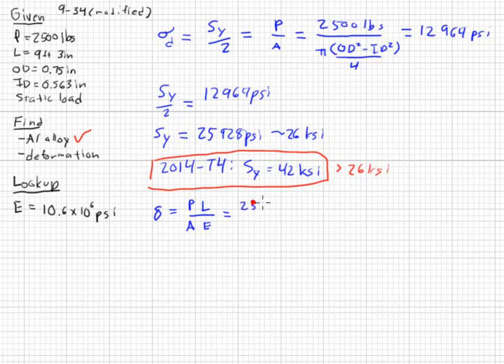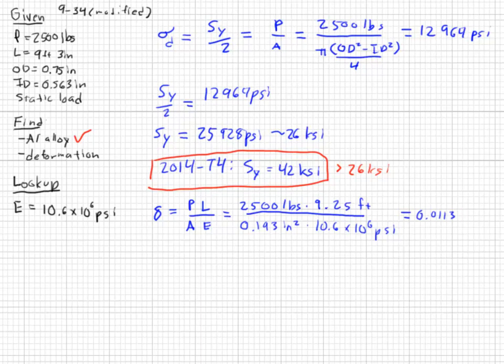We've got 2,500 pounds times the length, which is 9 feet 3 inches, which is 9.25 feet, all over the area which we found before, 0.193 square inches times the modulus of elasticity that we looked up. Our deflection is 0.0113.